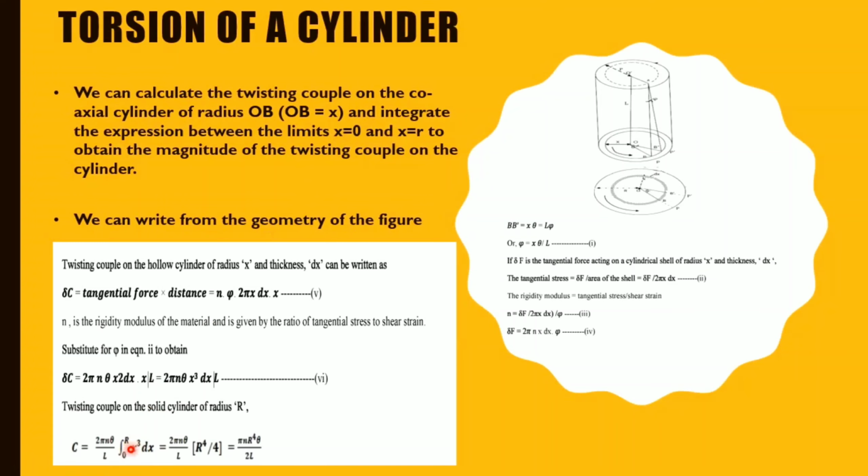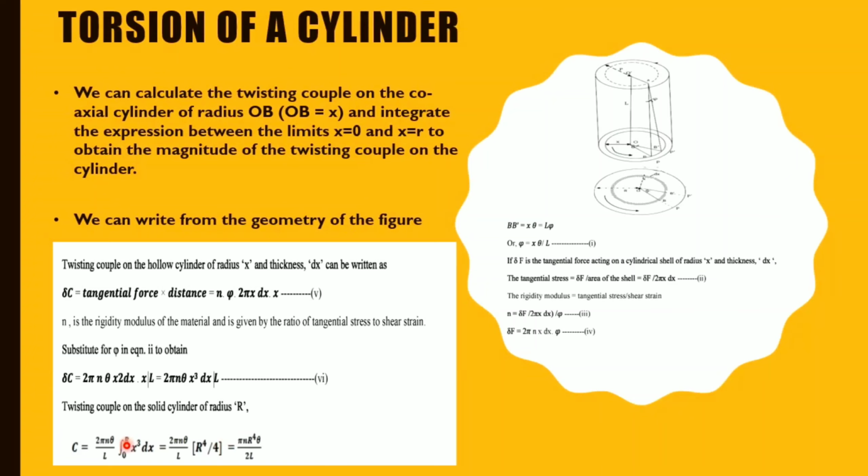So we are integrating from 0 to r, and it is x cube dx, and we know that the integration of x to the power n dx is x to the power n plus 1 by n plus 1. So as it is x cube here, it will be x to the power 4 by 4.